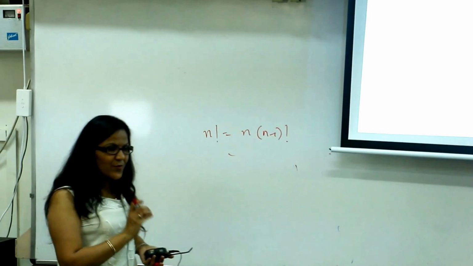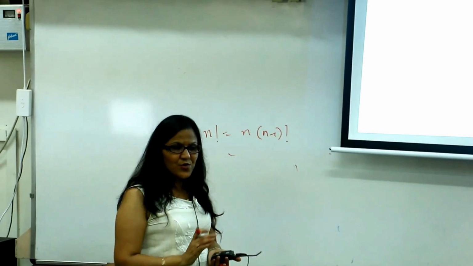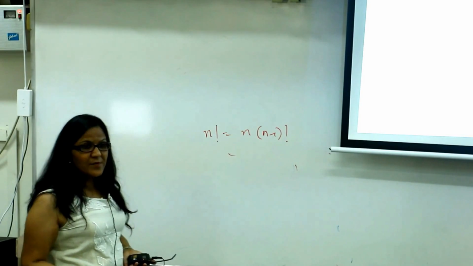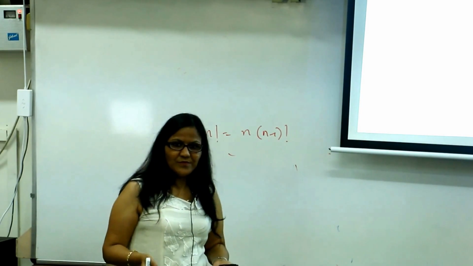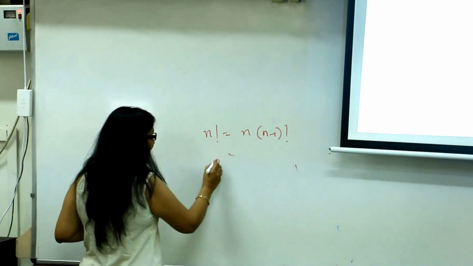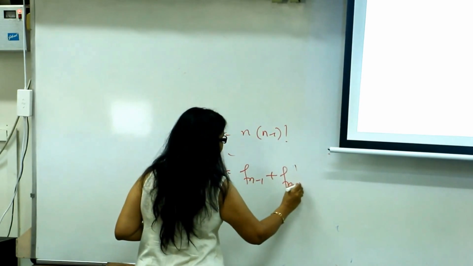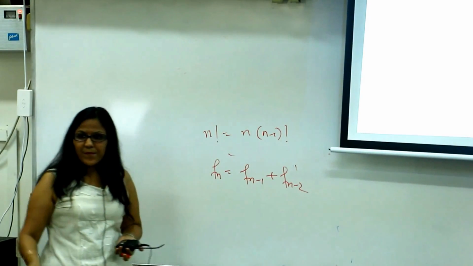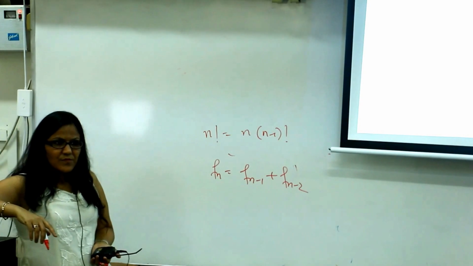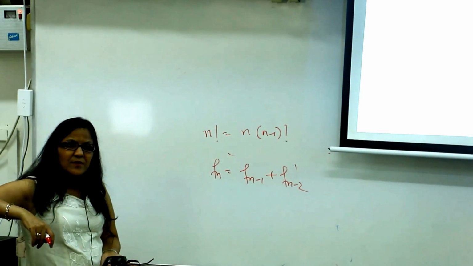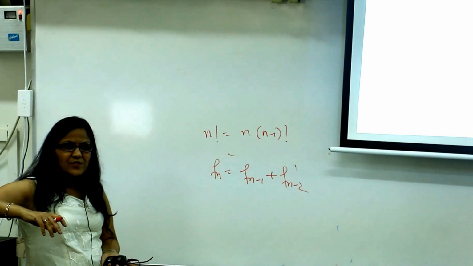So for the problems which are as easy as this, you should not use recursion. Fibonacci numbers, same problem. The definition itself is recursive. Students end up writing a recursive function for this.